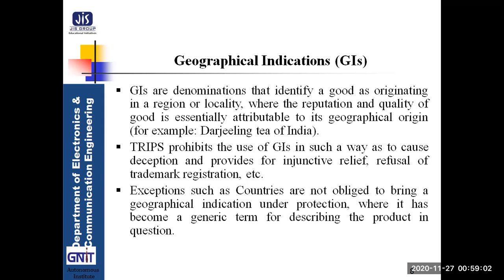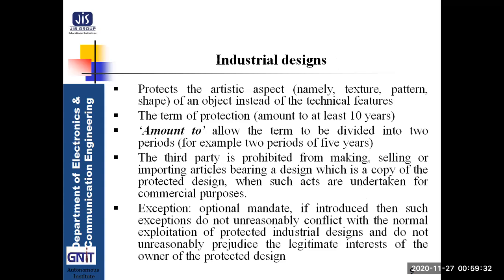For example, Darjeeling tea and Kolhapuri chappal are all examples of GI. TRIPS prohibits the use of GIs in such a way as to cause deception and provides for injunctive relief, refusal of trademark registration, etc. There are exceptions, such as countries not being obliged to bring a geographical indication under protection where it has become a generic term for describing the product in question.